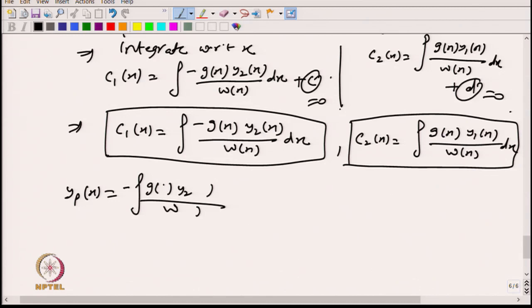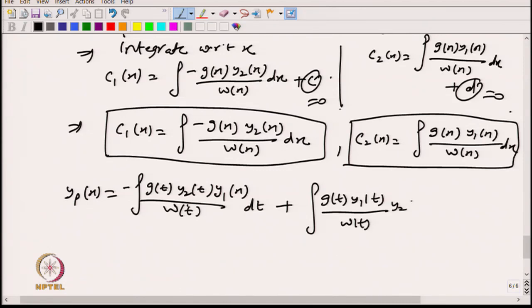So I can write y1(x) dt plus the integral of g(t) y1(t) over w(t) into y2(x) dt. So that is my particular solution.